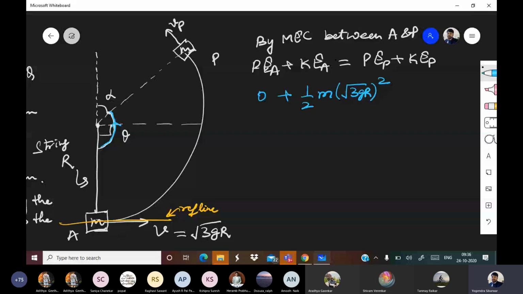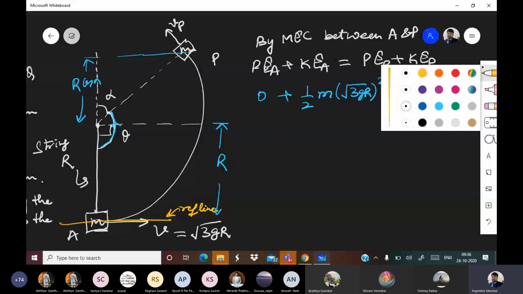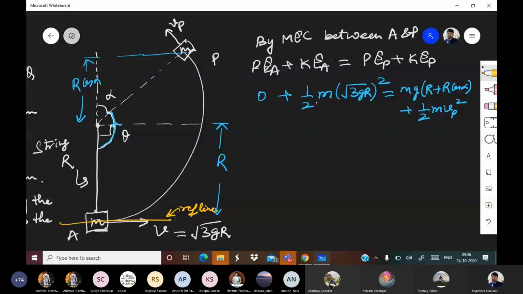Okay. Now listen carefully. This height is R and this height will be R cos alpha. So total height is R plus R cos alpha, so mg(R plus R cos alpha), and be very clear, at point P velocity will not be 0. So half m Vp square. Okay. So I'm cancelling m. All right.